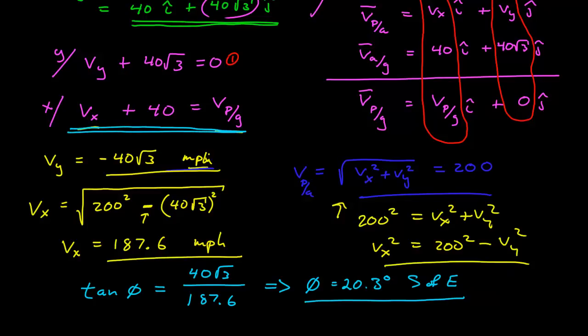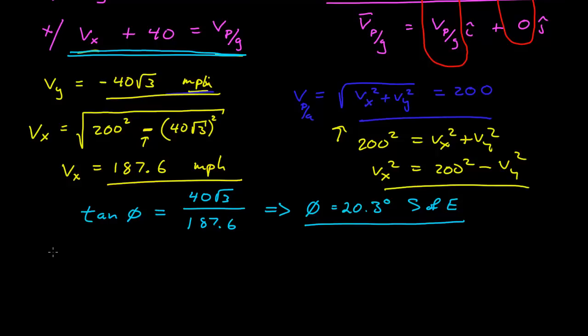The magnitude of the plane relative to the ground is equal to the x component of my velocity plus 40, which was the x component of the wind speed relative to the ground.